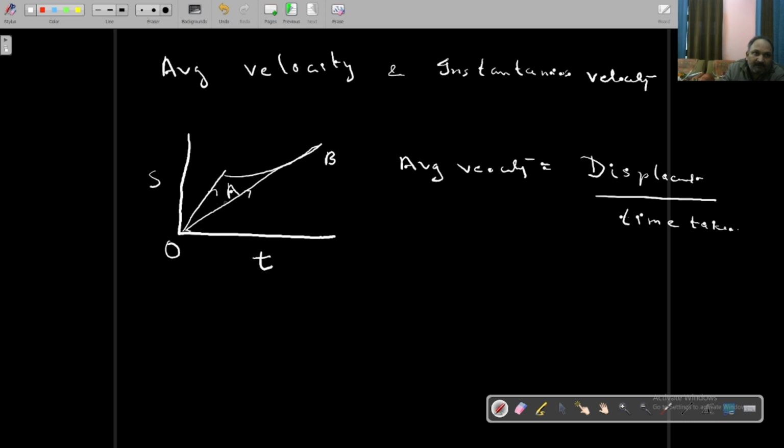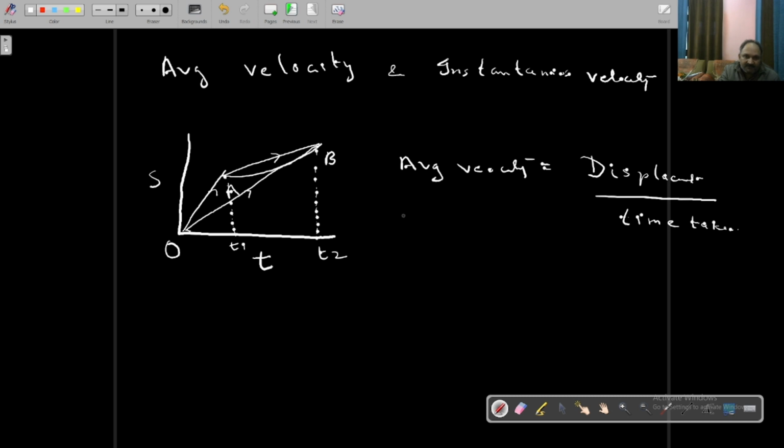Suppose the particle has a velocity VA at time t1 and VB at t2. Then we measure the straight line between positions A and B, and it will give you the average velocity, right?